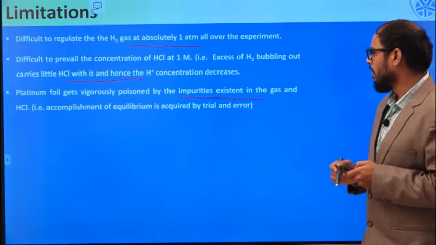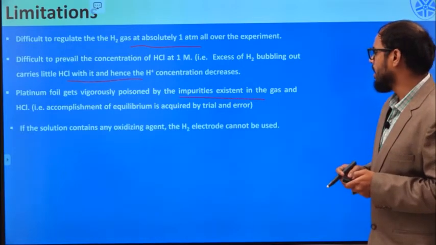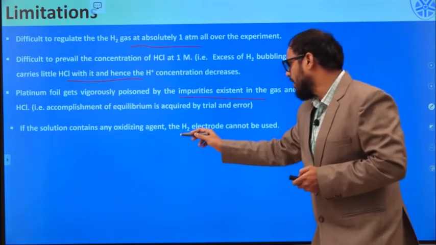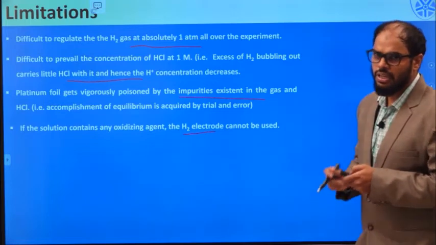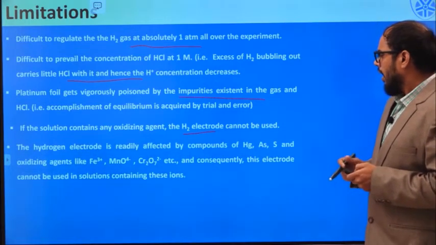These impurities are basically some kind of oxidizing agent. So in the presence of a strong oxidizing agent, we cannot use this SHE electrode.